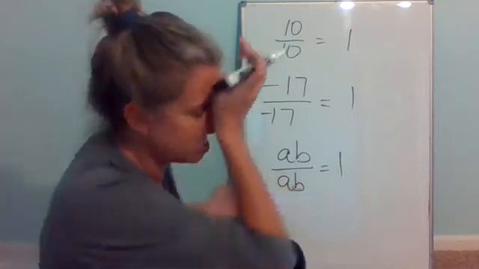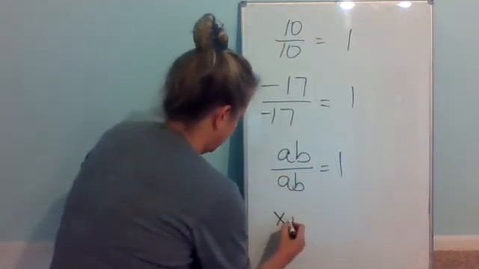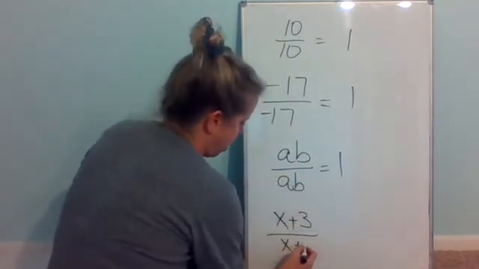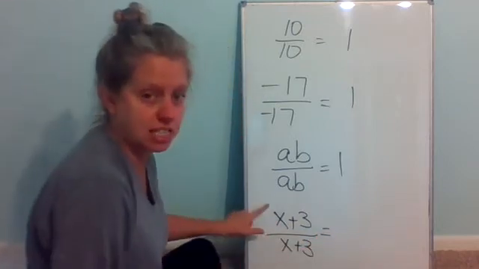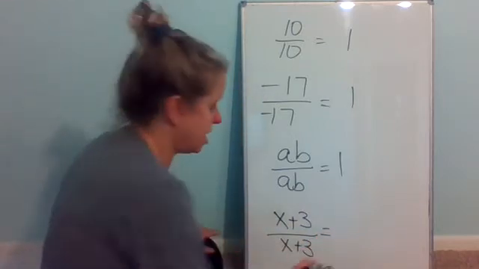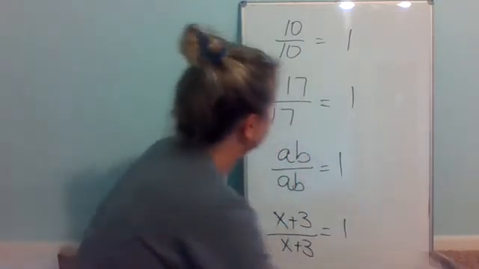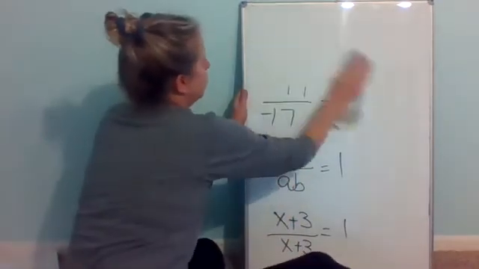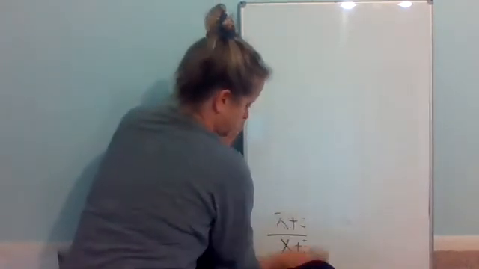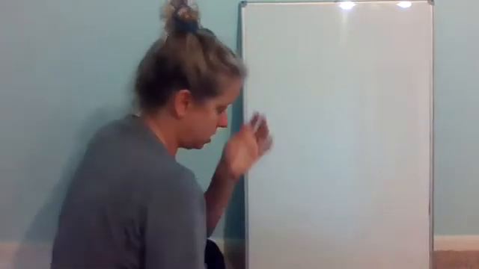What we were dealing with in these last problems, x plus 3 over x plus 3. Is it the same in top and bottom? It is. That's 1. But let's see what equals -1.